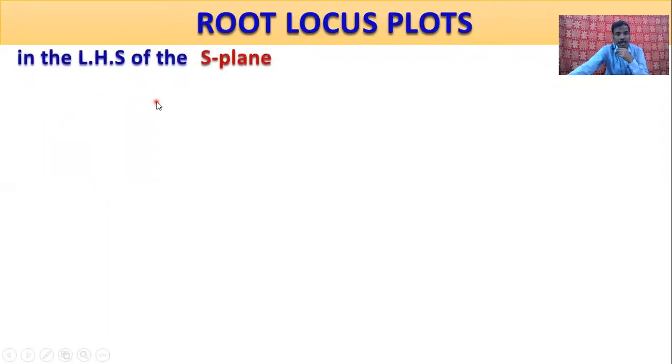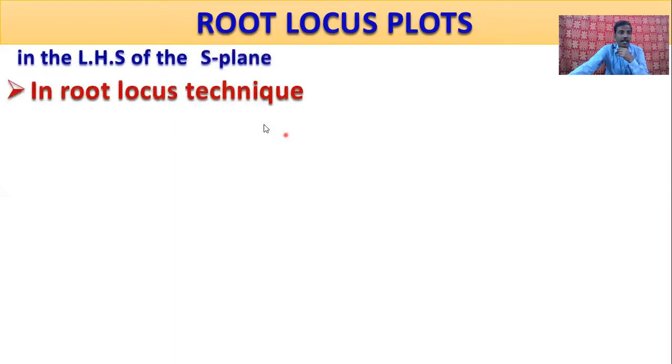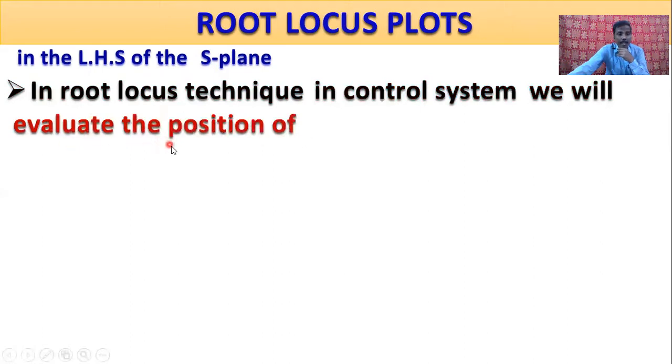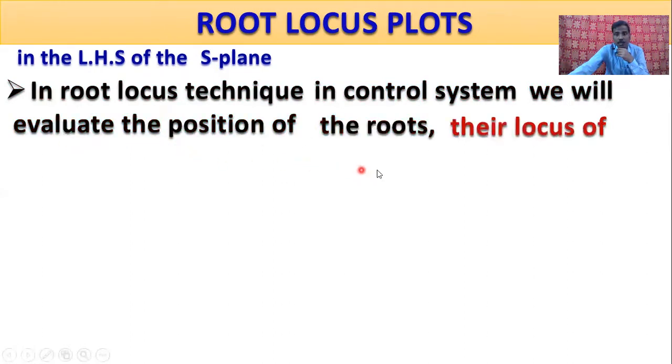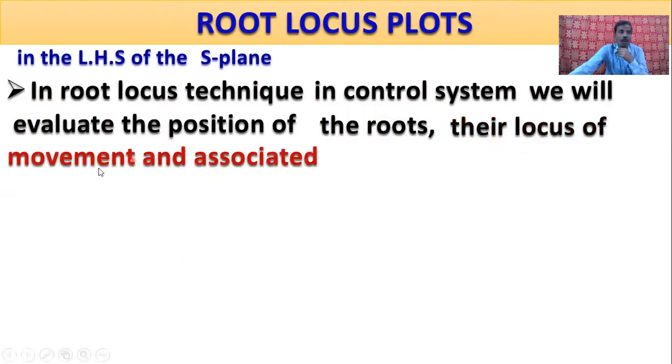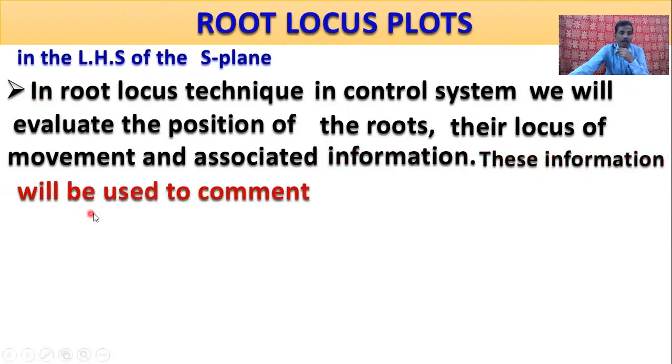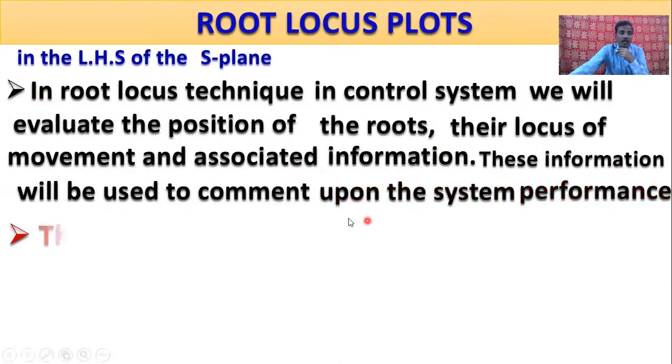In the root locus technique in control systems, we will evaluate the position of the roots, their locus of movement and associated information. This information will be used to comment upon the system performance.